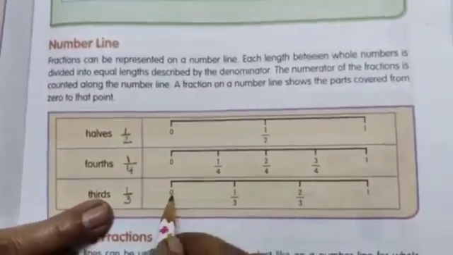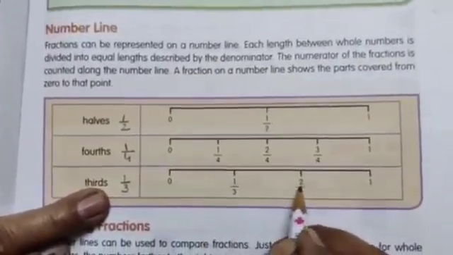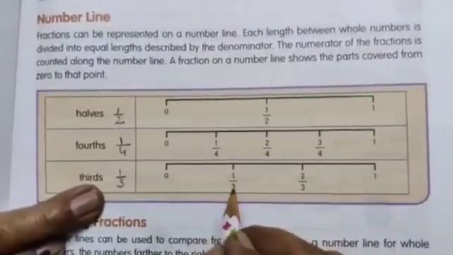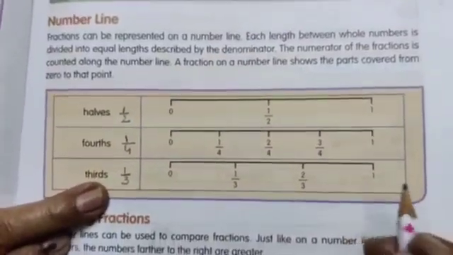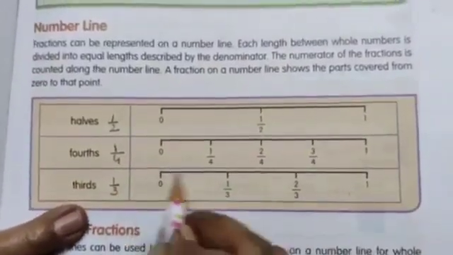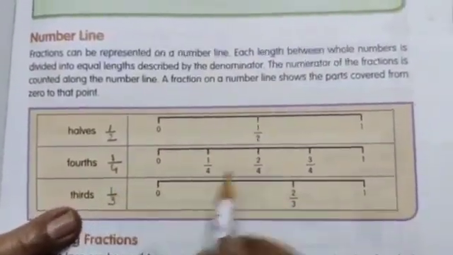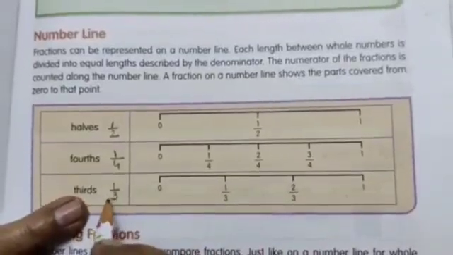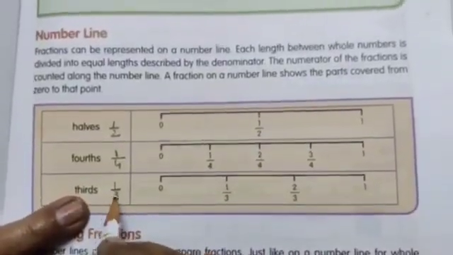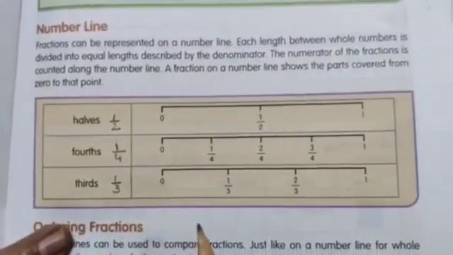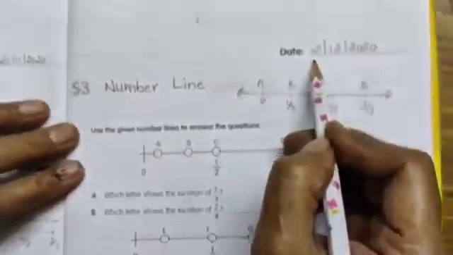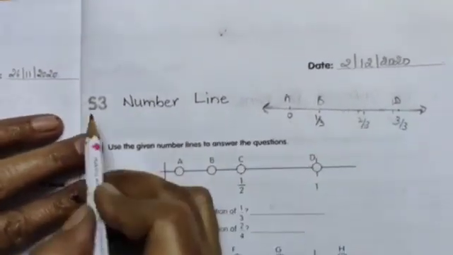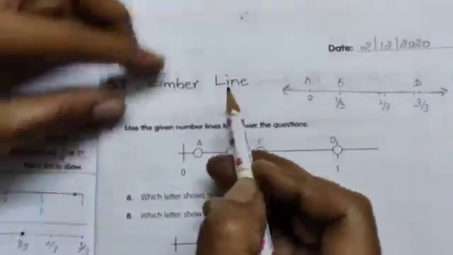So 1/3, 2/3, 3/3. Like this you have to divide the number line into equal parts according to the denominator number.